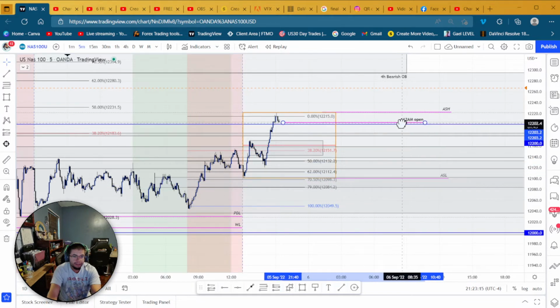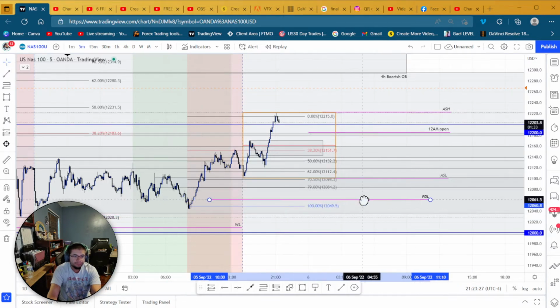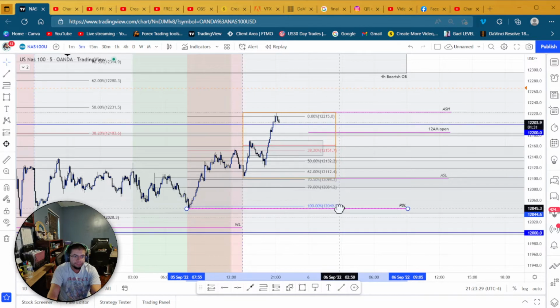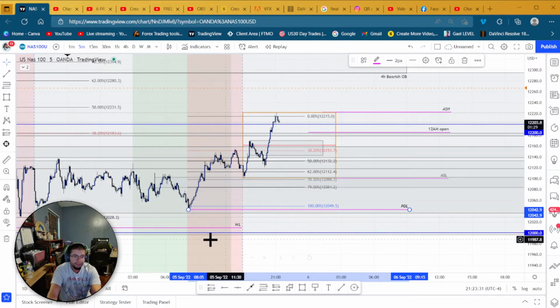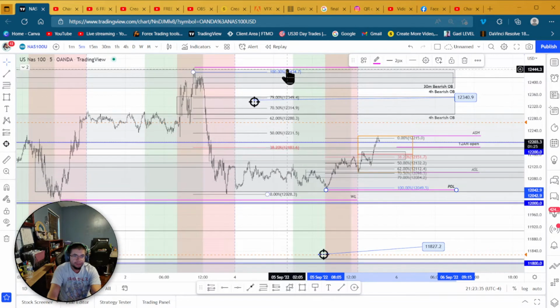Did it start yet? Nope, not yet. Probably be around here somewhere. Previous day low, right there. Previous day high, which was up here.